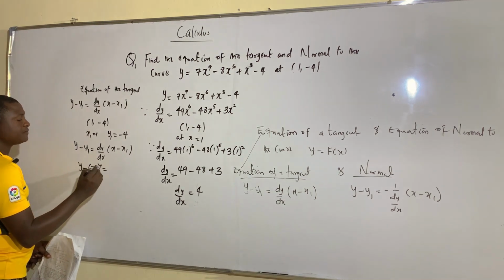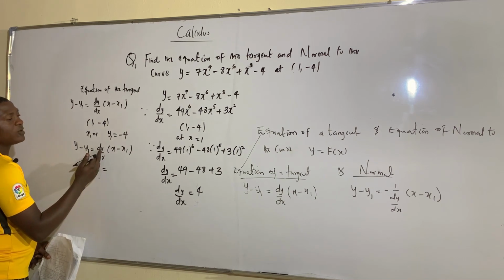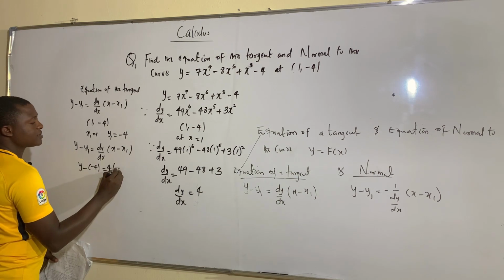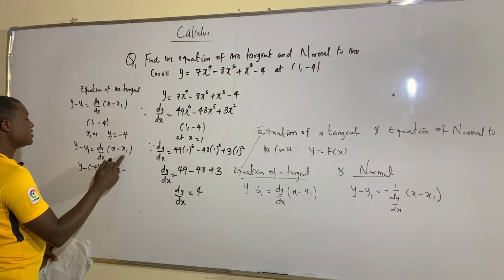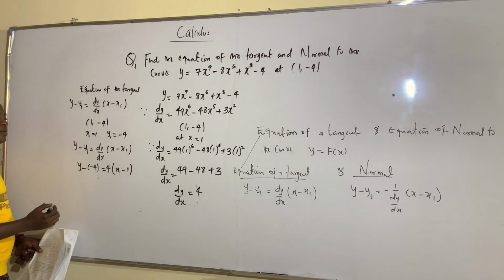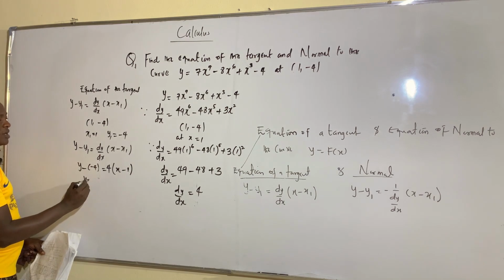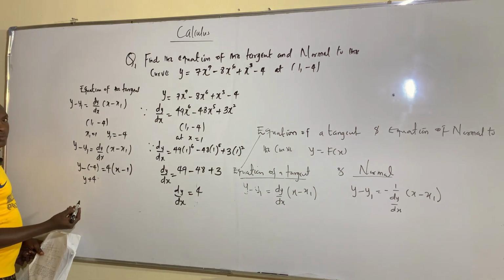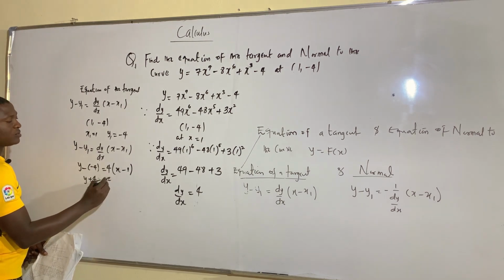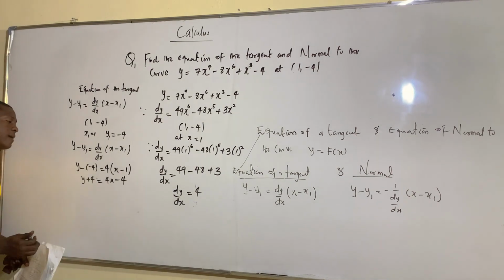So here we have y minus (-4) is equal to, the value of our dy/dx, we have it to be 4, so we have 4 times (x minus x1), and x1 is 1. Now let's open the brackets: y minus times minus, we are going to have plus, so plus 4. Then 4 times x is 4x, and 4 times minus 1 is minus 4.